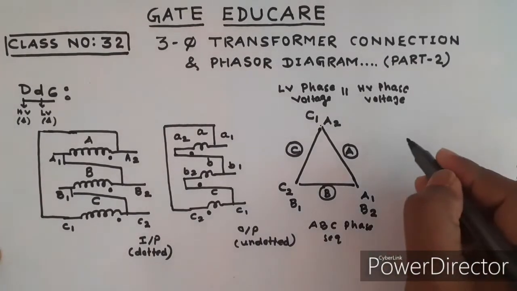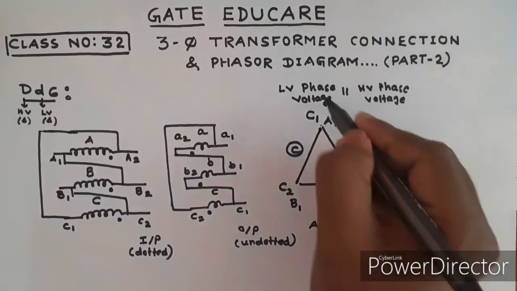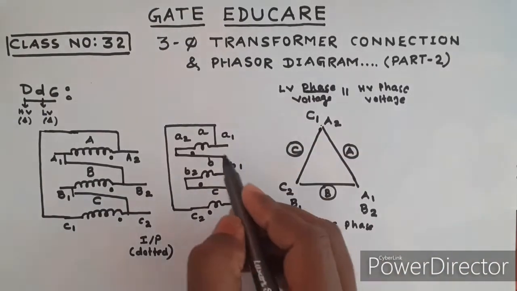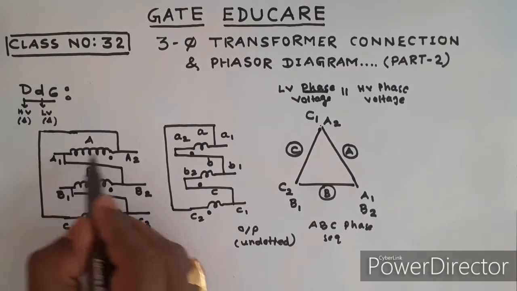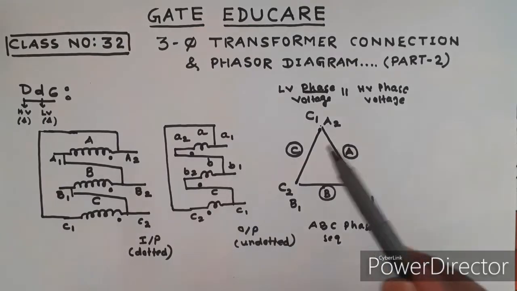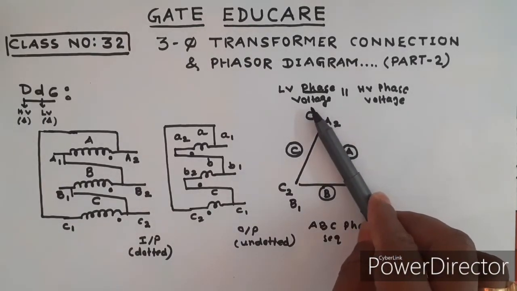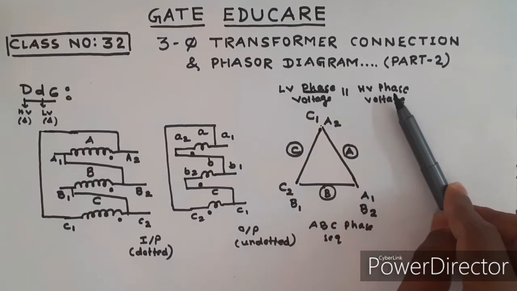To draw the phasor diagram of the low voltage winding, what is the phase voltage? A1, A2. This will be exactly parallel. Here the high voltage is A1, A2, capital letters. The small a1, a2 will be like this, parallel.